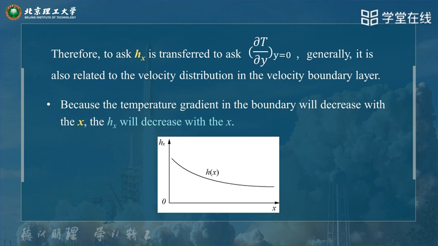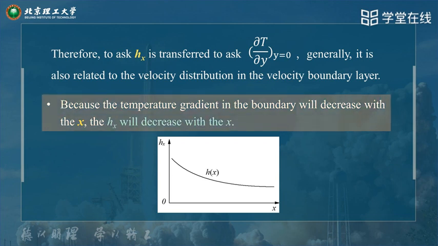But from principle, h is always related to partial T over partial y at y equals 0. From the thermal boundary layer, the temperature gradient in the boundary layer will decrease with x.